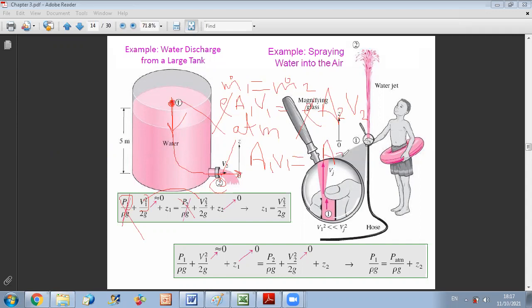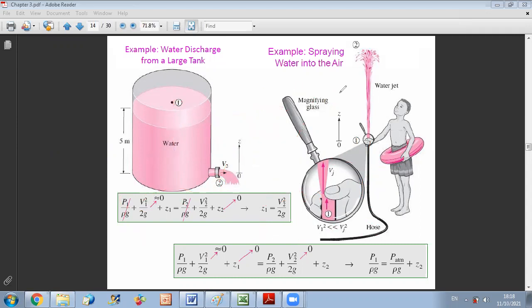And because, as you can see in the figure, A1 is much larger than A2. So A1 is very large compared to A2. Then I can say that V1 is much smaller compared to V2. So I can consider that this term is negligible compared to V2 square over 2g.